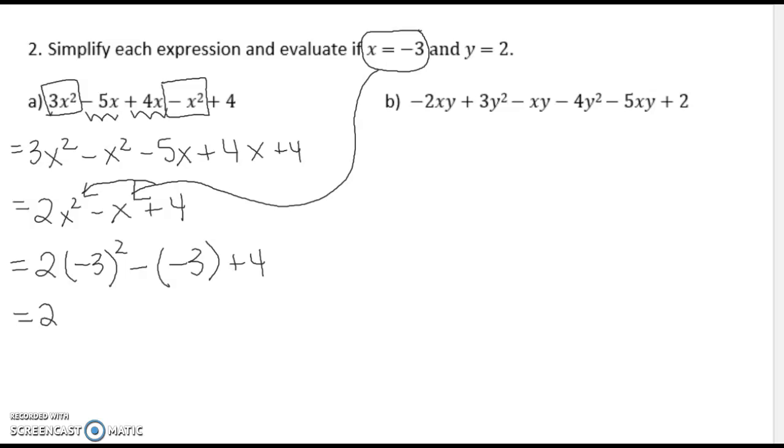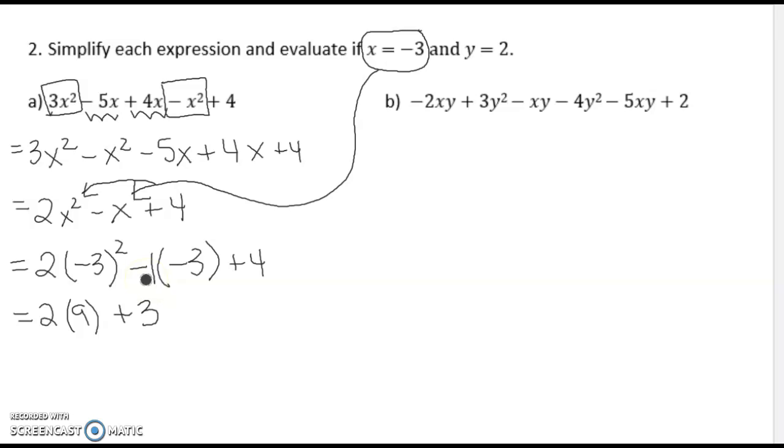So now we have 2 out in front. Negative 3 squared. Negative 3 times negative 3 gives us positive 9. So that's positive 9. And this right here says, if there's nothing there, it's assumed that it's a 1, right? Negative 3 times negative 1 times negative 3 gives us positive 3.